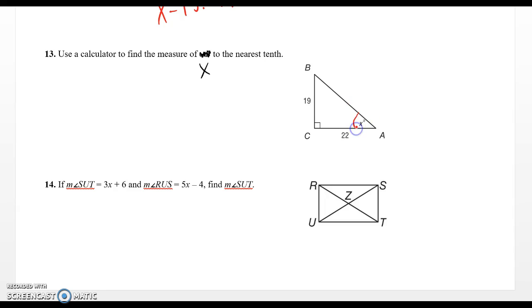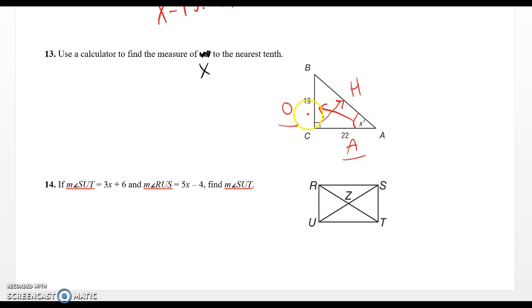So going after X, this guy right here, number 19, is our opposite side. Opposite of the right angle, that's always our hypotenuse. That leaves 22 to be our adjacent. So we have our opposite and our adjacent, and unlike the last one, now we're missing our angle.